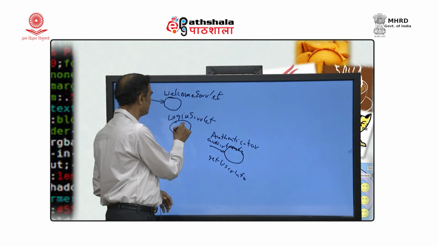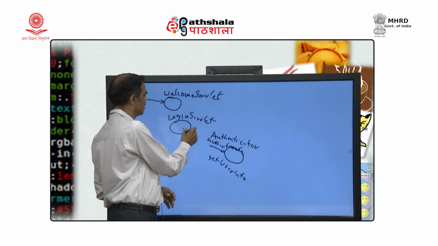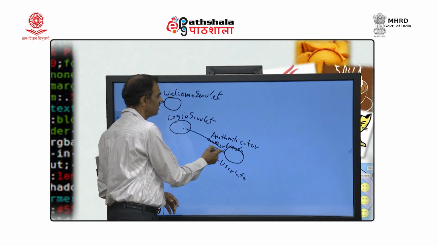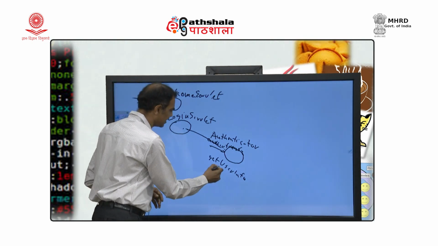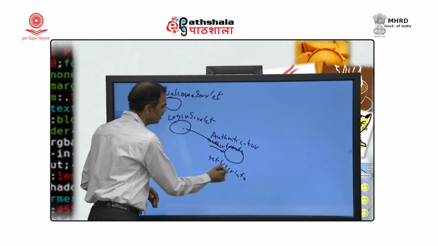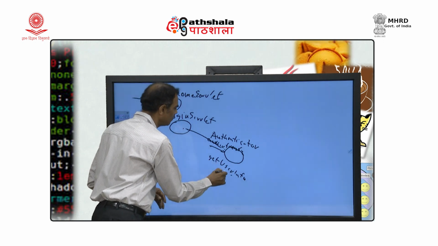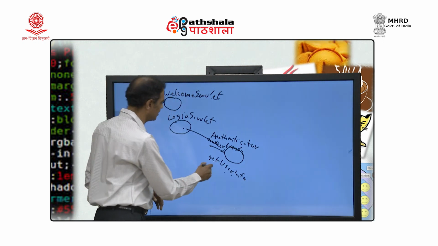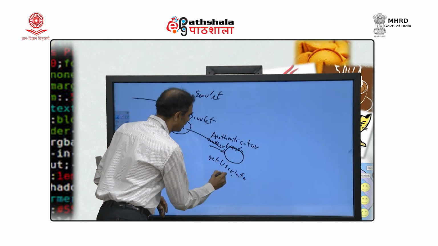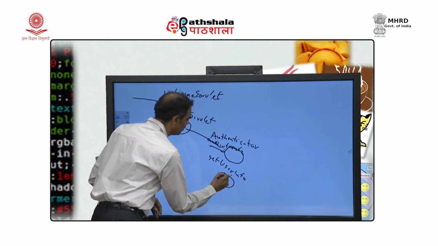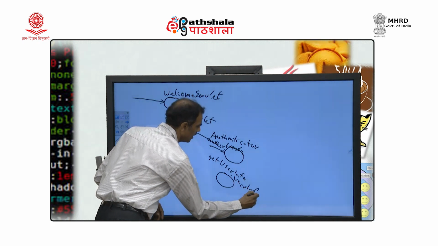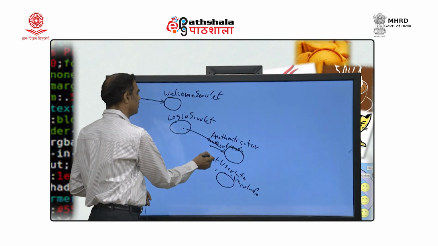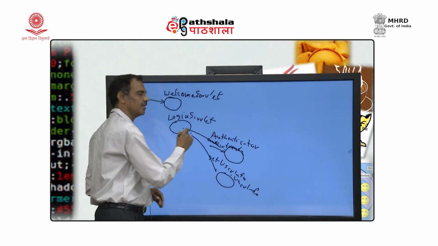So, that is something our login servlet is going to do. The login servlet makes use of the authenticator, but when it calls get user info, that is going to create an object of a bean component, which is nothing but our user info. So, a user info object would be created and returned to the login servlet.